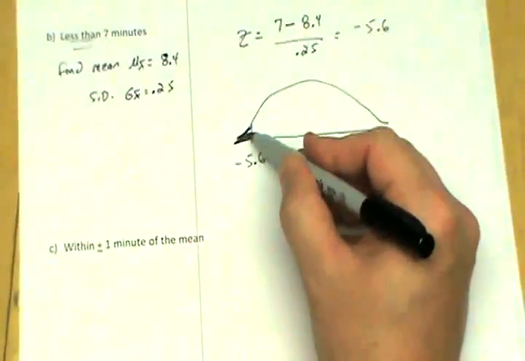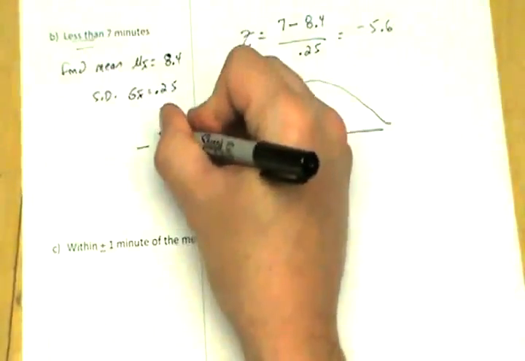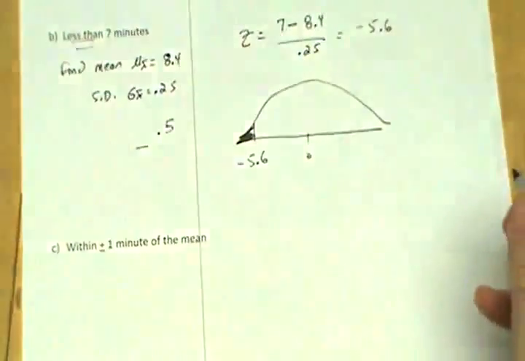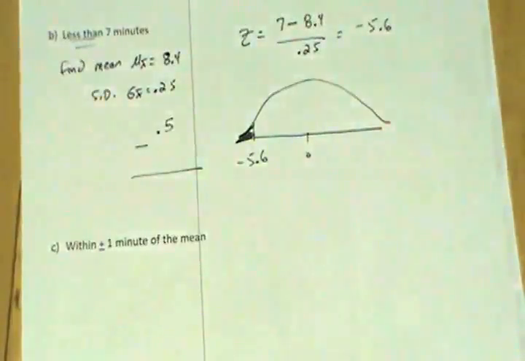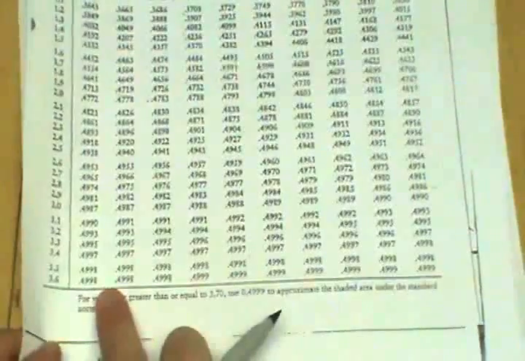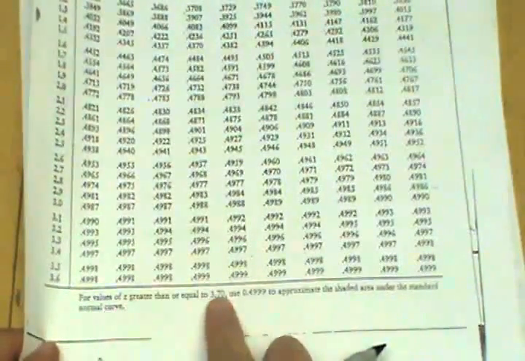The shaded region we're looking for does not cross over 0, so we're going to subtract. The tail is involved, so 0.5 is going to be included in part of our answer. We're basically just going to subtract now, looking up the z-score. And remember, our chart doesn't go all the way to negative 5, so we just use the bottom. It says for anything greater than 3.70, we use 0.4999.